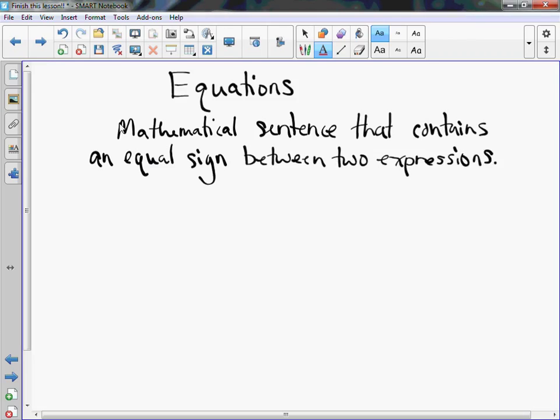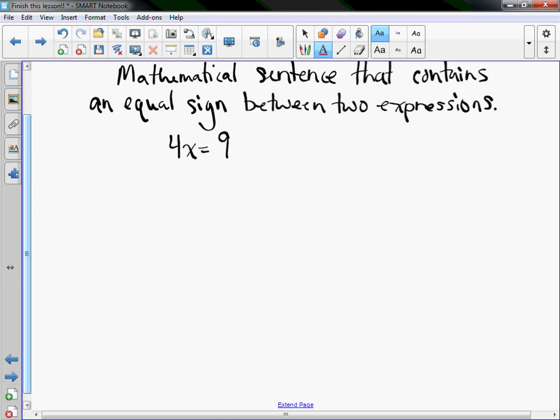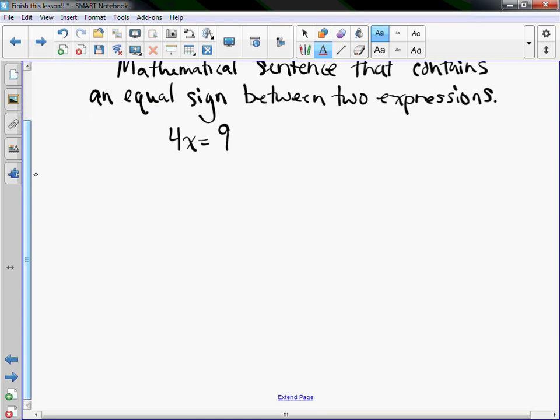So for example, 4x equals 9 would be an equation. 4x is an expression and 9 is another expression.